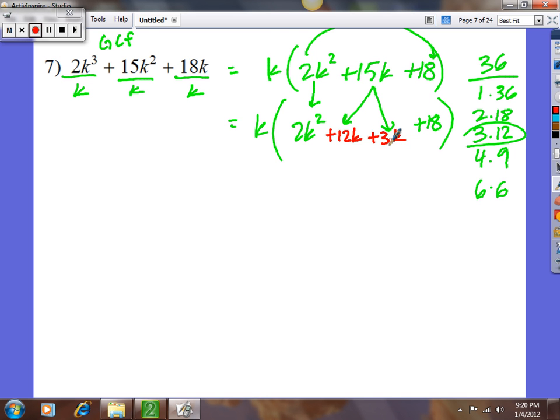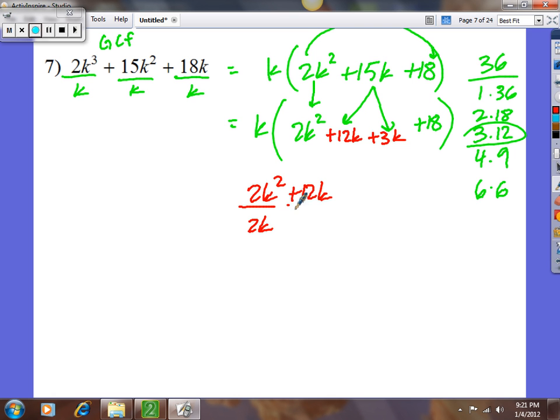Now I've come up with a polynomial of 4 terms, and I can use my grouping strategy to tackle this. Instead of looking at one problem, let's look at it as 2 separate groups. My first group is the 2k squared plus 12k, and I know the GCF of those 2 terms is 2k.